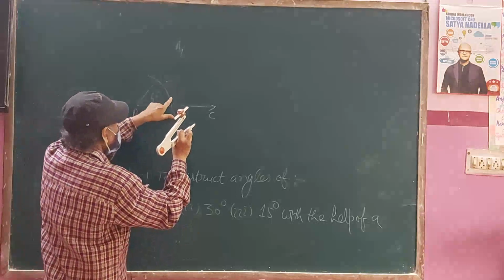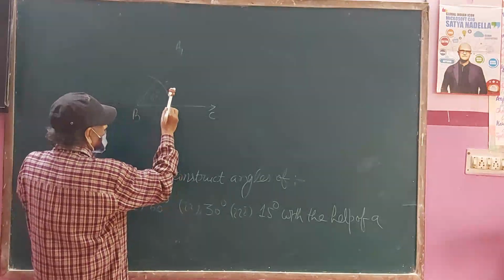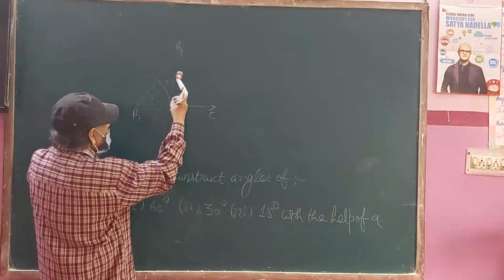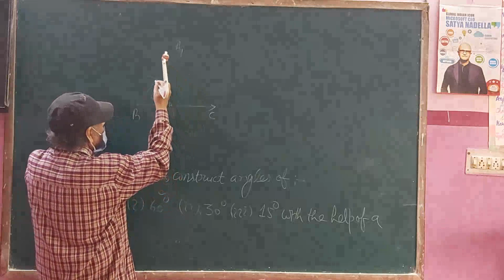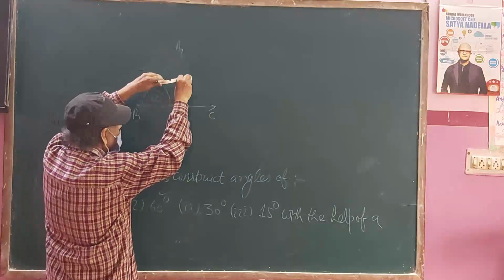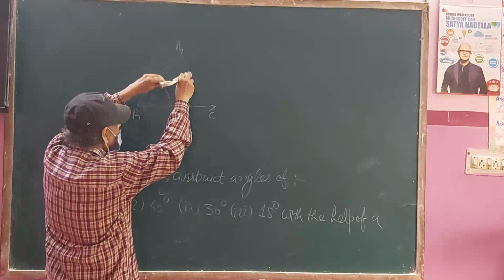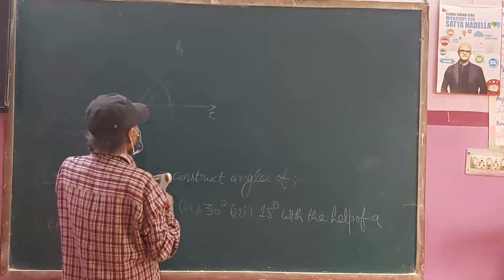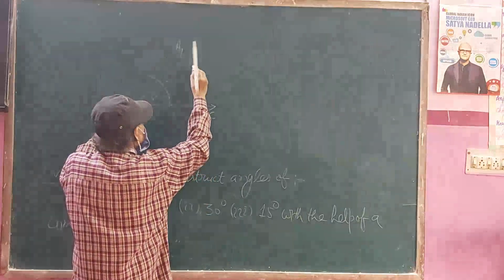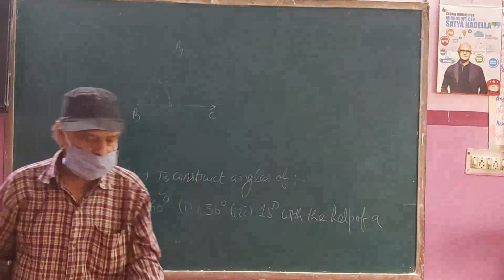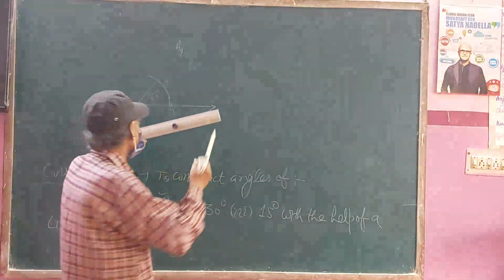As I have said earlier, you put your compass at D, open it sufficiently and make another arc, then put your non-pencil end at F and draw this arc, let it be G, then join B and G. You will get this angle.